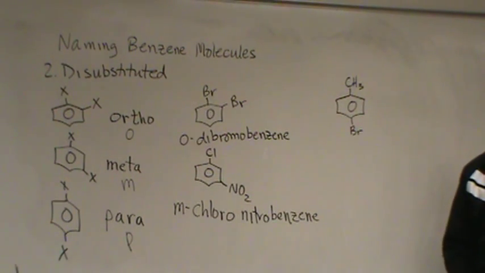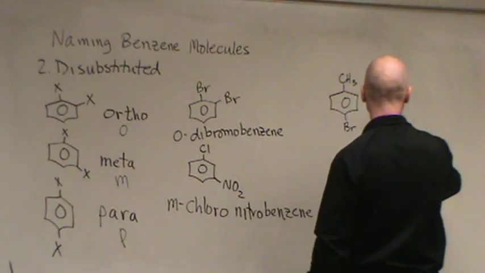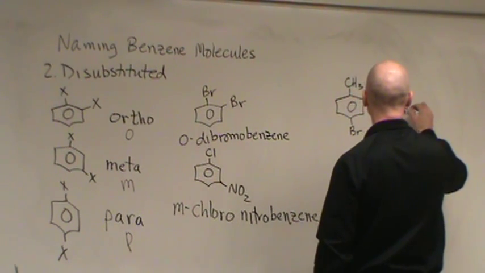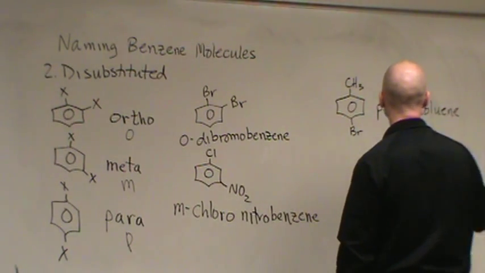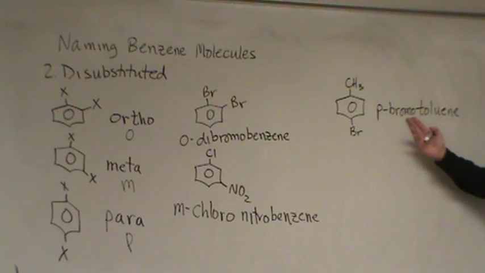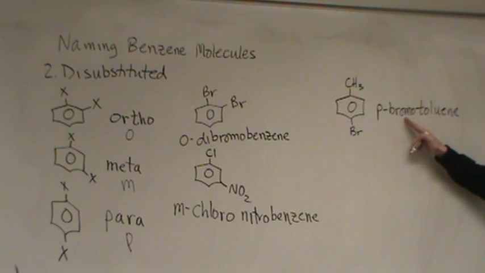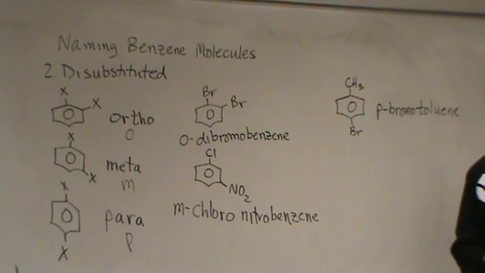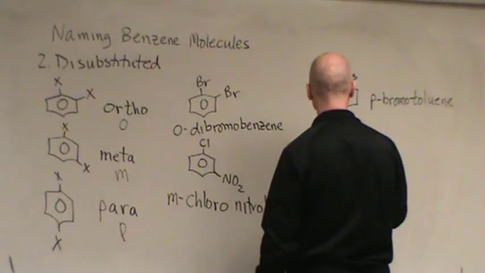Yes, it makes the tall person, toluene, and the bromo is para to it. So we would have para-bromotoluene. So toluene would be the base name, and the para is telling the reader the bromo is para from the CH3. Okay.